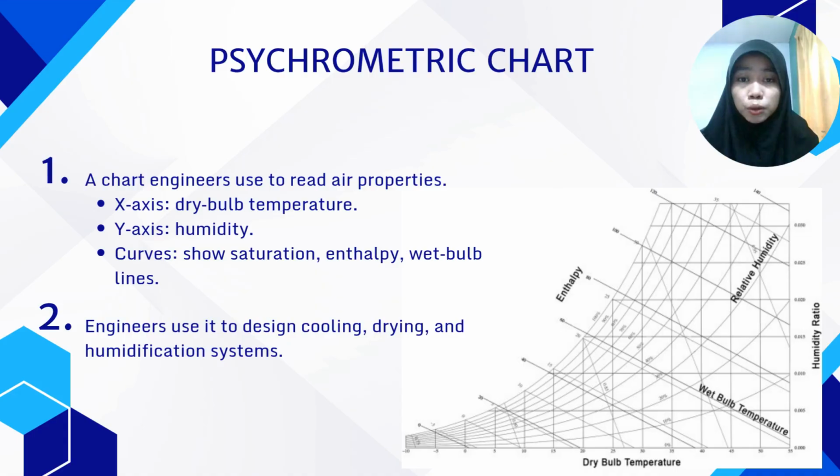Engineers use the psychrometric chart to read the air properties. The x-axis shows the dry bulb temperature, the y-axis shows the humidity, and the curve shows saturation and also wet bulb lines. It's like a map that helps us to design the cooling, drying, and also humidification systems.